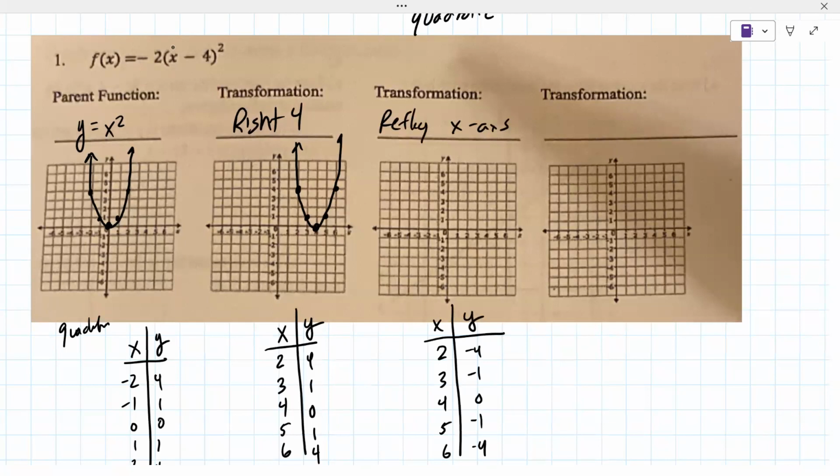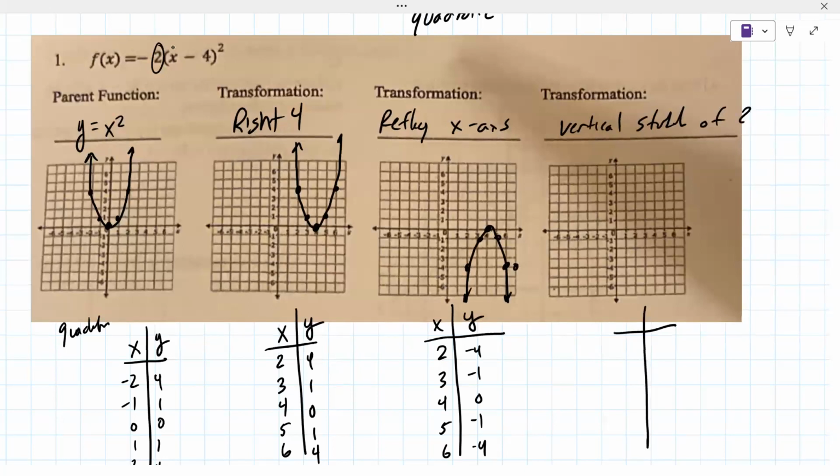And then for the final part, I know I'm going to multiply all of them by 2, but I'm trying to remember. It's a vertical stretch of 2. It only affects the y values.